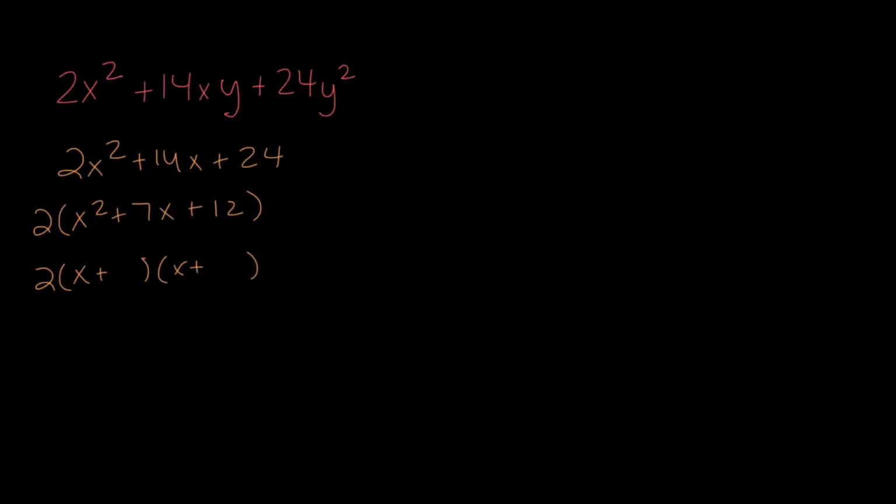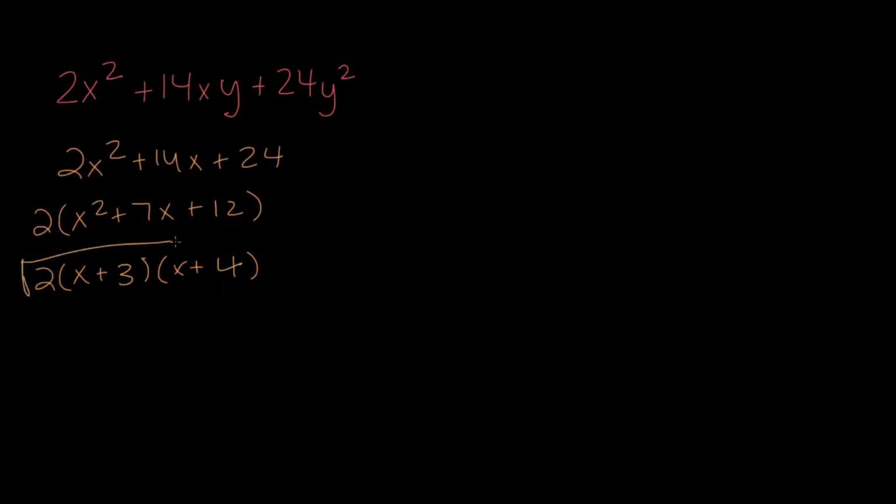From here, we look at our c value, or the 12, and we know that our factors have to multiply to 12 and add up to 7. So the factors of 12 that multiply to 12 and add up to 7 are 3 and 4. And since these are pluses, I can really just put them anywhere. It shouldn't really matter. So x plus 3 and x plus 4 are our factors.